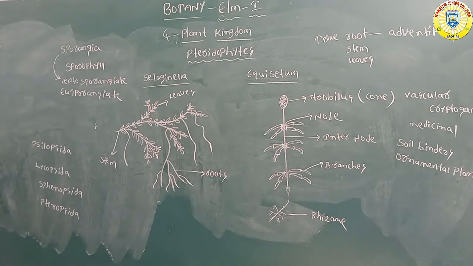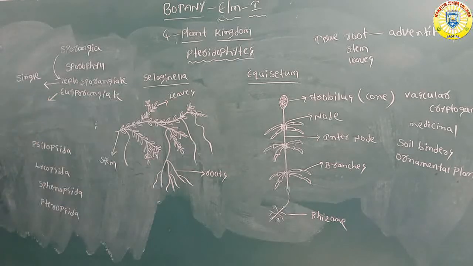Leptosporangiate means the sporangia develop from only a single superficial cell, which means only a single surface cell. The sporangia developed from only a single superficial cell is called the leptosporangiate method.